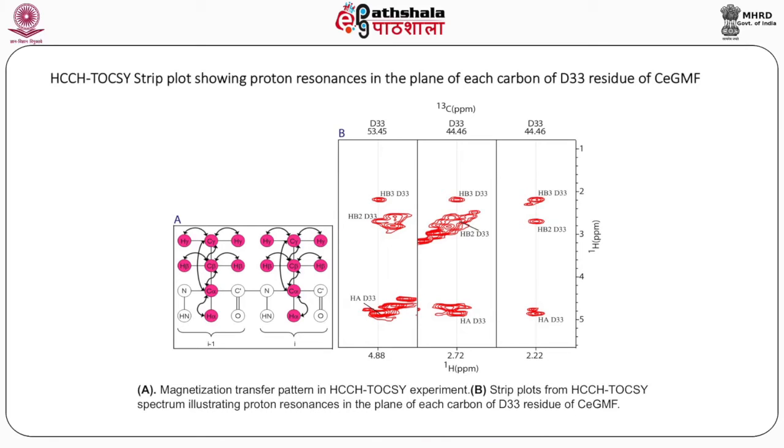You have the left strip with a carbon chemical shift of 53.45, which corresponds to the C alpha carbon, and then you have the C beta carbons at 44.46, and then there are the proton chemical shifts. The H alpha is at 4.88, whereas the others are at 2.72 and 2.22.